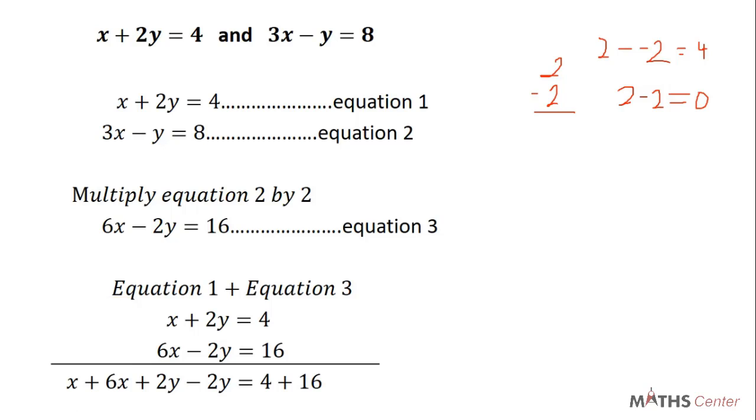We know from algebra that 2y plus minus 2y is the same as 2y minus 2y, and 2y minus 2y is going to give us 0. So it means that this one is going to cancel out.